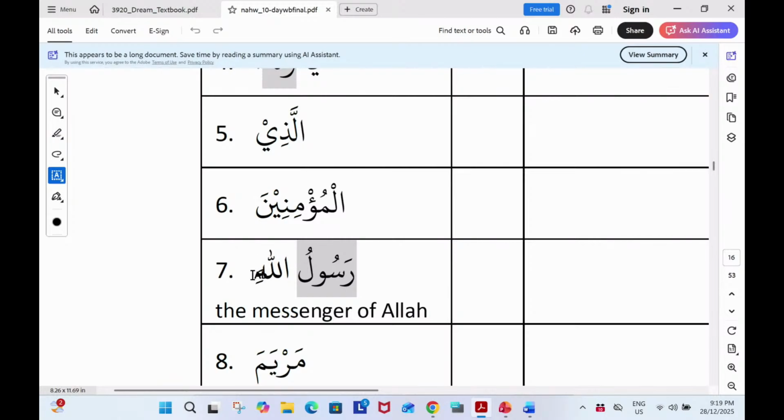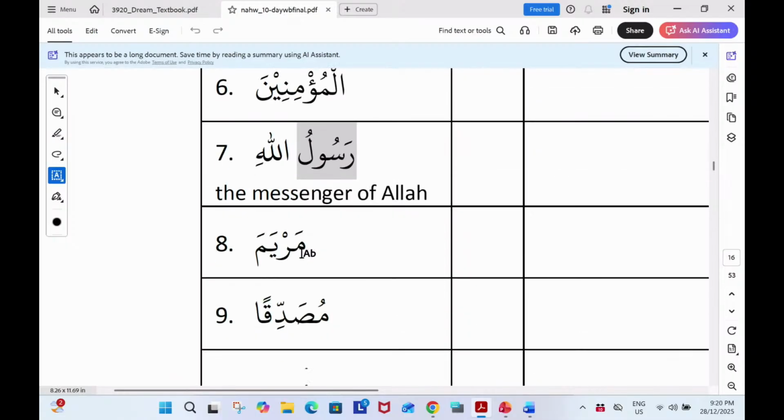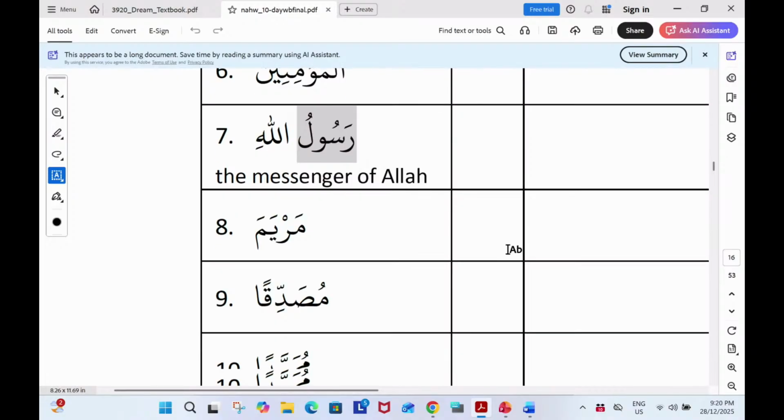And inshallah, the next topic which we are going to study would be this one, where you would understand it actually in detail. Then the next example is Maryama. So this is the name of Maryam alayhi salam. So because of the proper name, this would also be considered proper, not common.